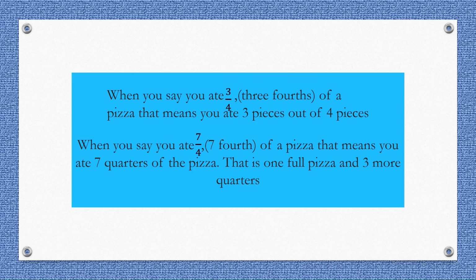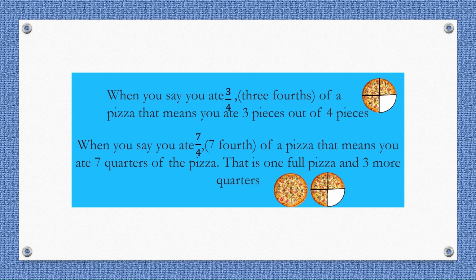When you say you ate 3/4 of a pizza, 3/4 means 3 over 4 of a pizza. That means you ate 3 pieces out of 4 pieces. Now when you say you ate 7 by 4 or 7 over 4, 7/4 of a pizza, that is one full pizza and 3 more quarters, which we are going to do in detail in our next topic.